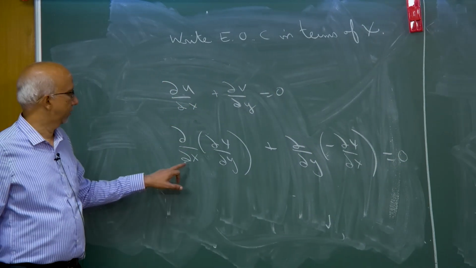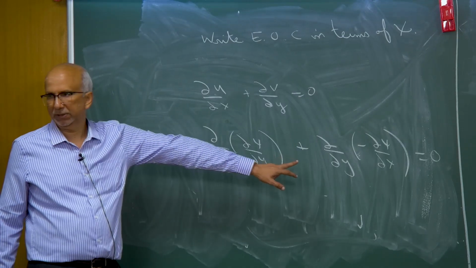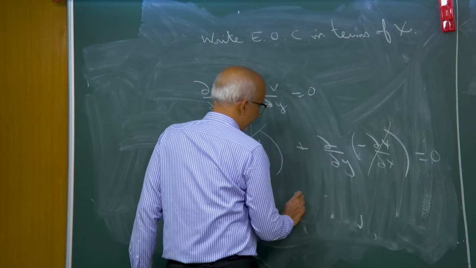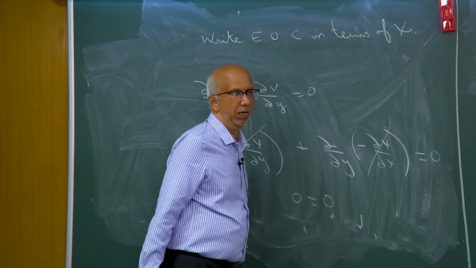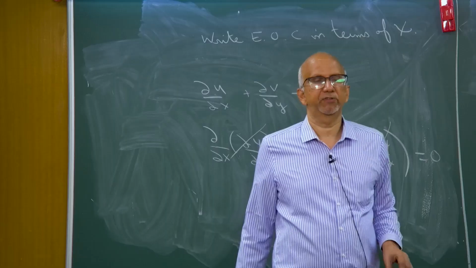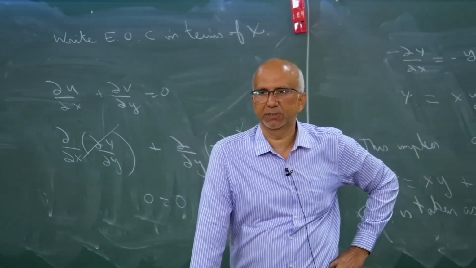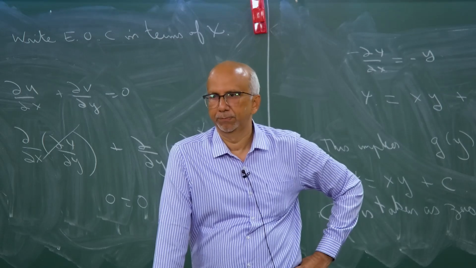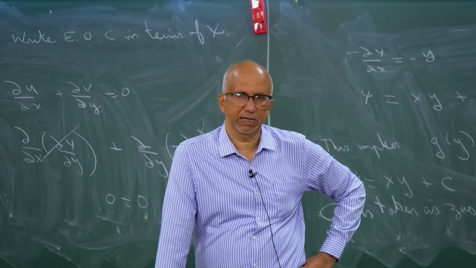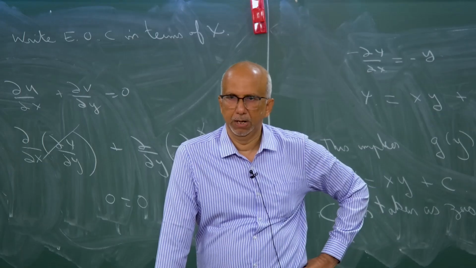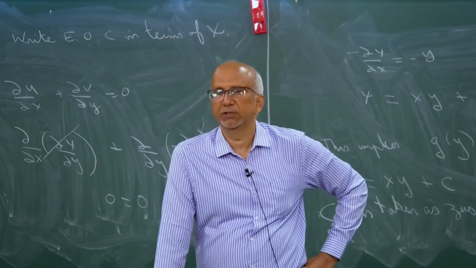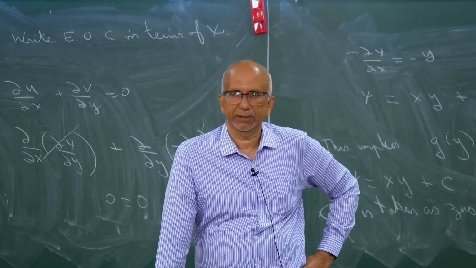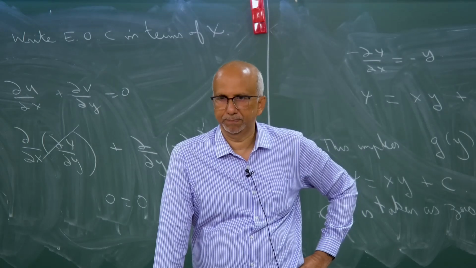What do you get here? The mixed derivative minus the mixed derivative. So, these cancel. Okay, I get 0 equals 0. The point is, the stream function always satisfies the equation of continuity. Okay, the stream function will always satisfy your equation of continuity. So, the way we have defined the stream function, mass balance, the continuity equation, is satisfied.